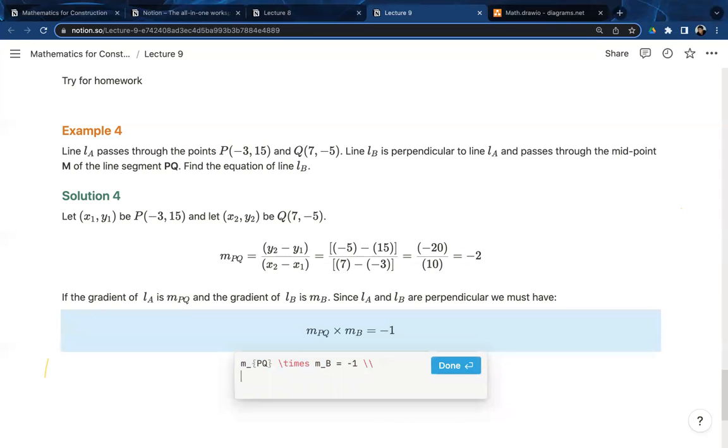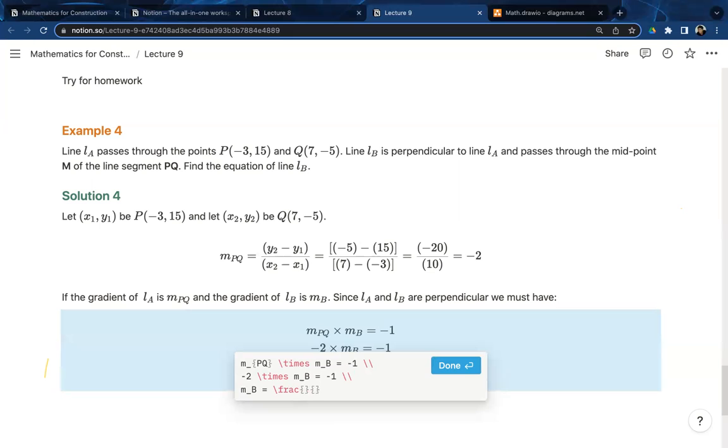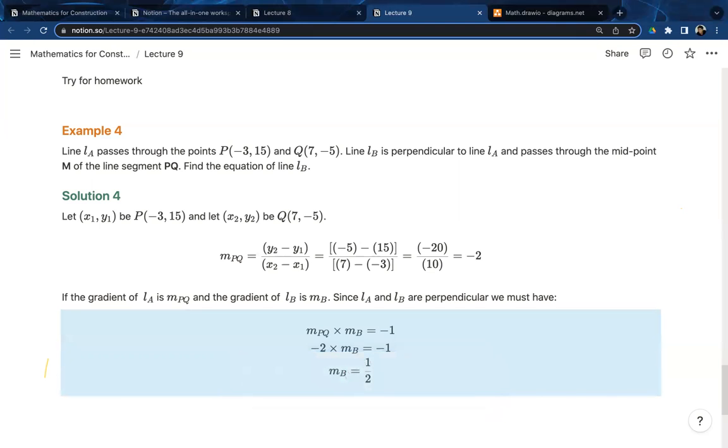So what's the gradient of m_PQ? -2 times m_B is equal to -1. Therefore m_B is a half. -1 over -2 is a half. So that's the gradient of the perpendicular line LB.